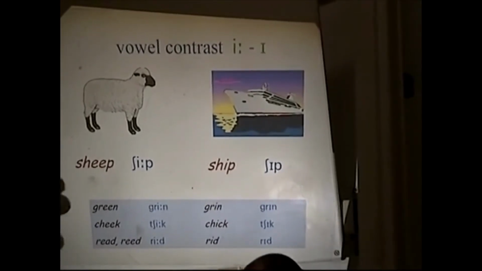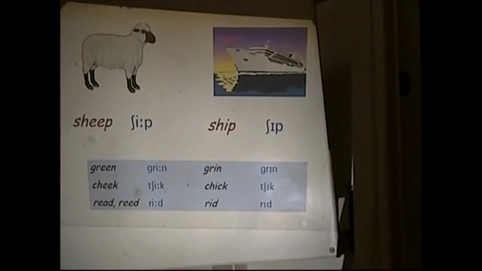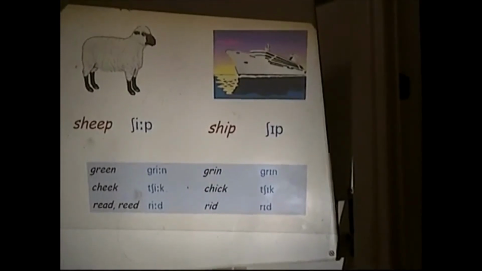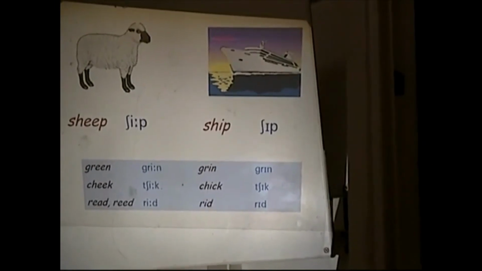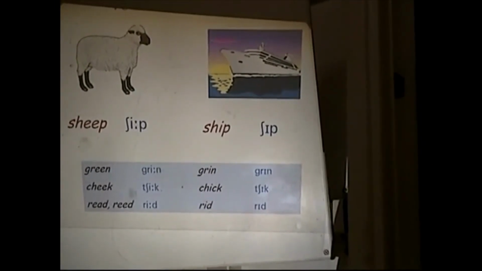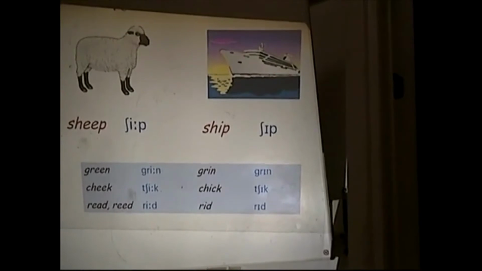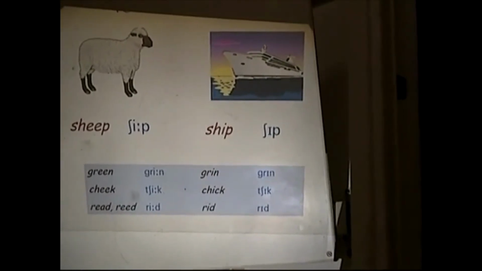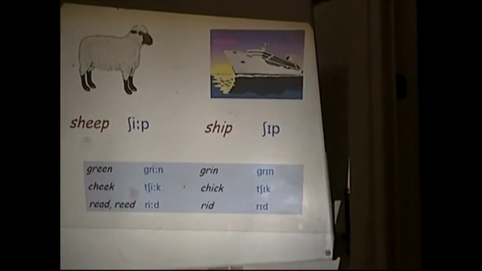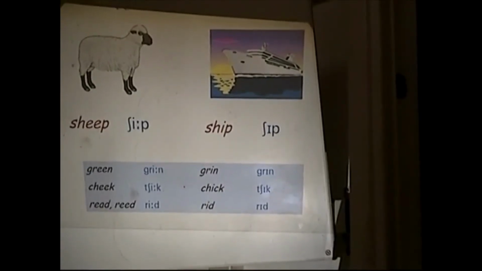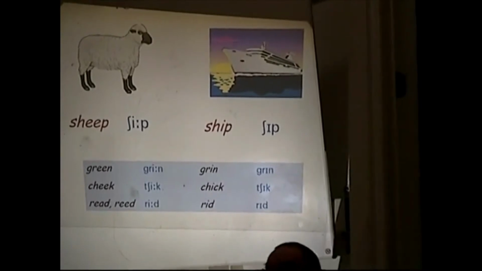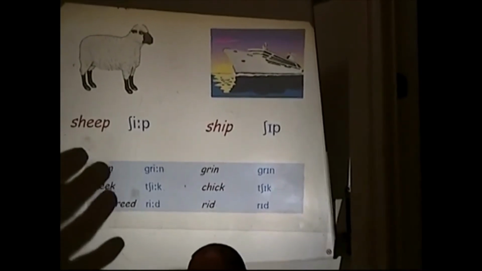And similarly with other pairs, which you can see at the bottom there, green, grin, green is a colour, grin is a smile. Cheek and chick, cheek, part of your face, chick, a baby bird. Read and rid, and lots of other similar pairs. And it's very important to hear and to make this distinction in strong syllables.